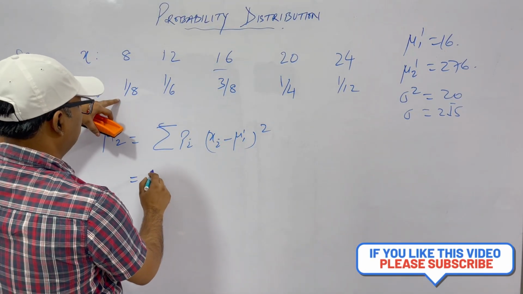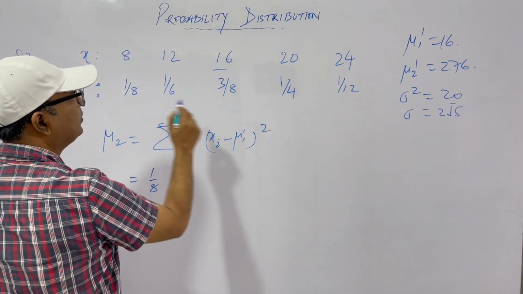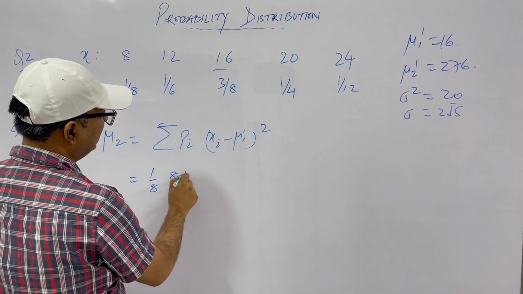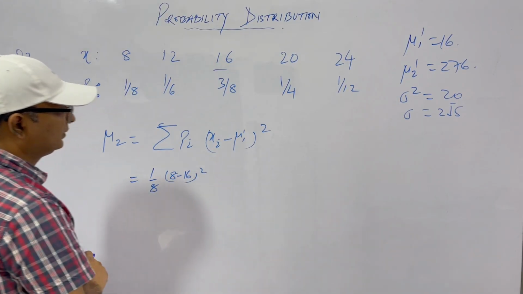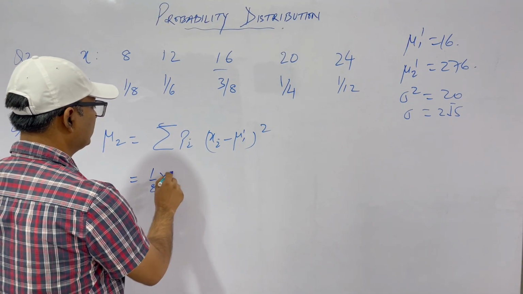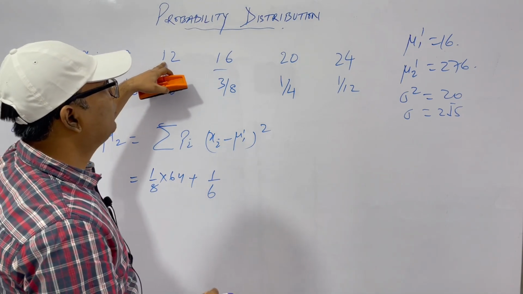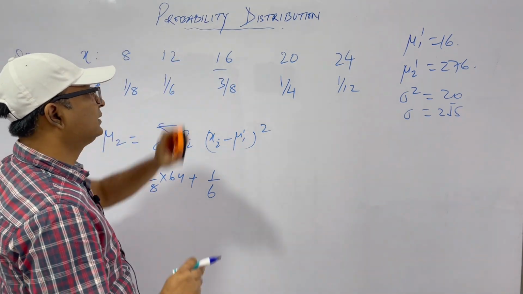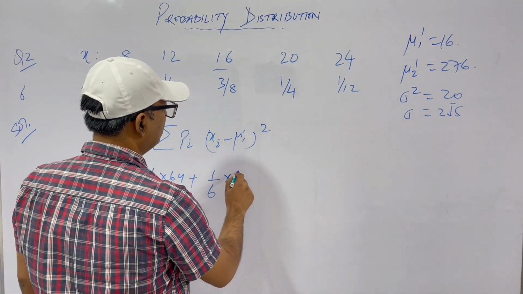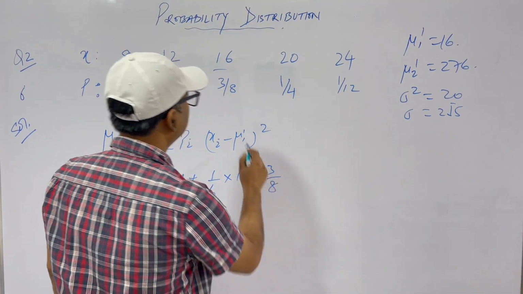Pi is 1 by 8, Xi minus mu1, that is 8 minus 16, square. Clear? So this is 64, plus 1 by 6 into 12 minus 16 square. 12 minus 16 is minus 4, square, so 16.